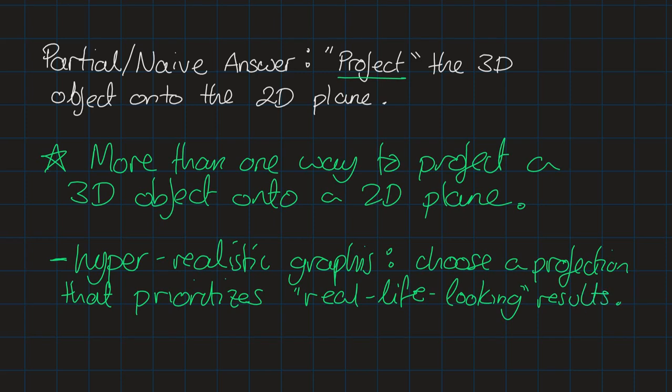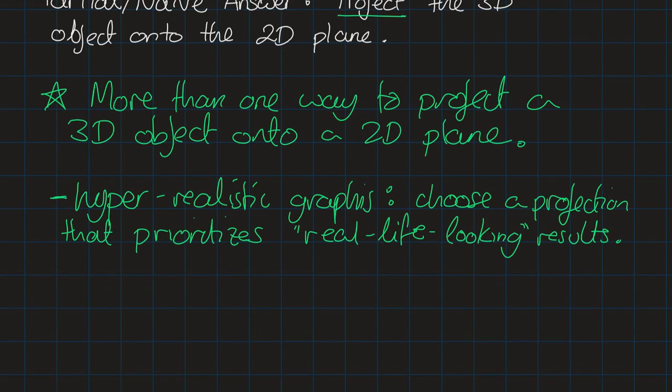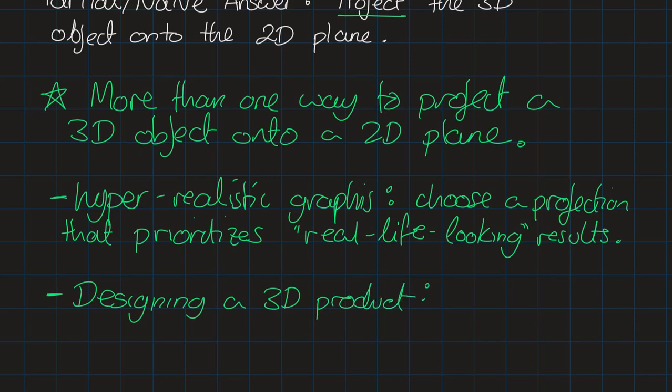Okay, so if you were making a hyper-realistic computer game or doing CGI for a movie or something, you'd want to use some sort of projection that had real looking results. But you don't always want this. Like if you were designing a 3D product, then maybe you would choose a projection that prioritized conveying geometric data.